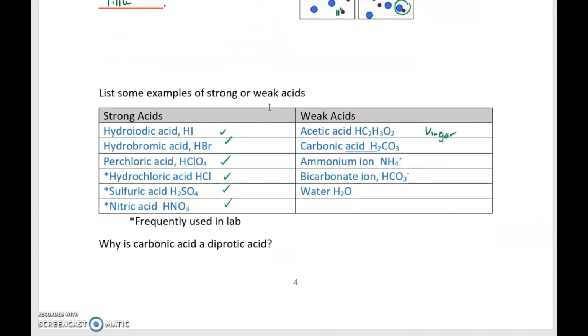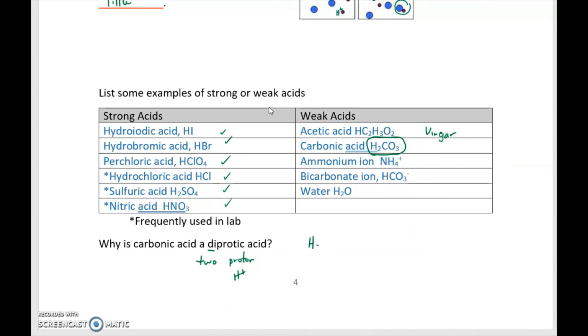Our question down here is, why is carbonic acid a diprotic acid? Well, let's look at the word diprotic. Di means two, and protic is for a proton. Well, a proton is just a hydrogen ion. And so we're looking for our carbonic acid right up here. You'll notice it's got two hydrogens that it can lose.